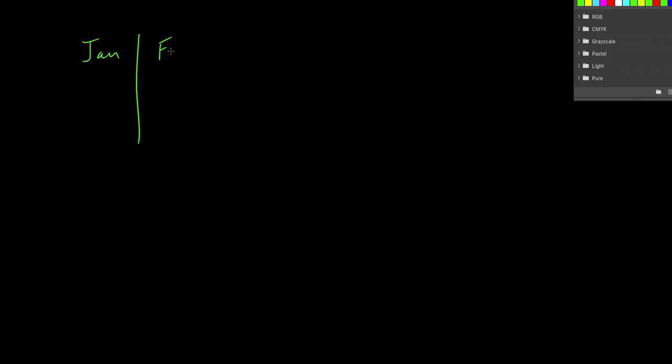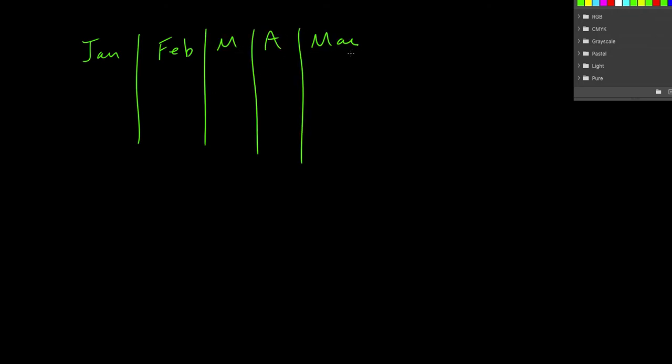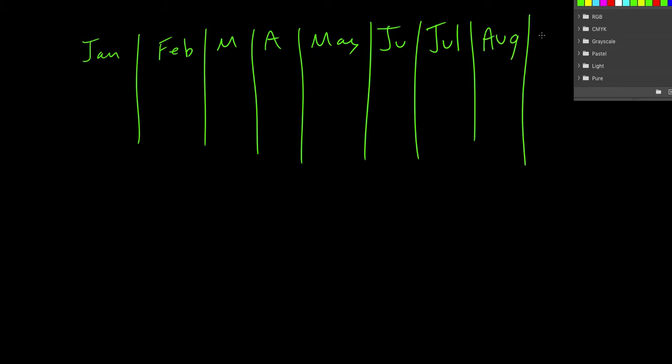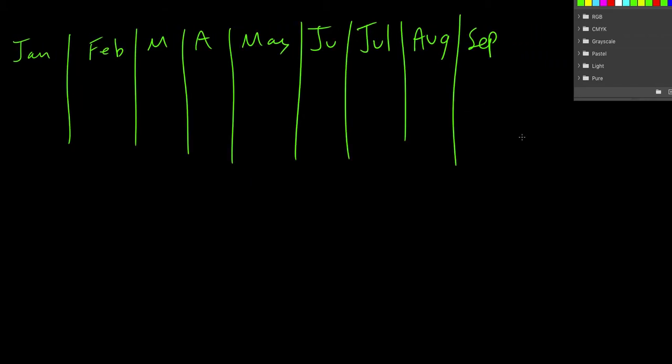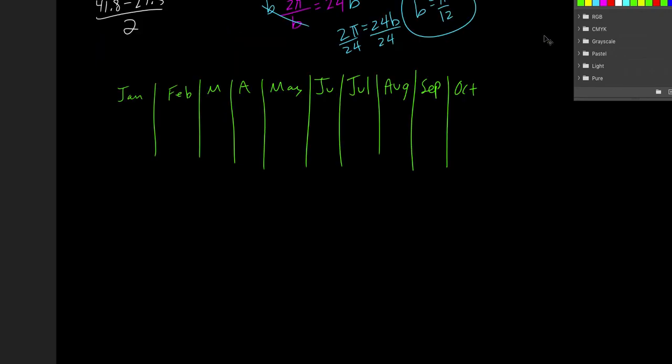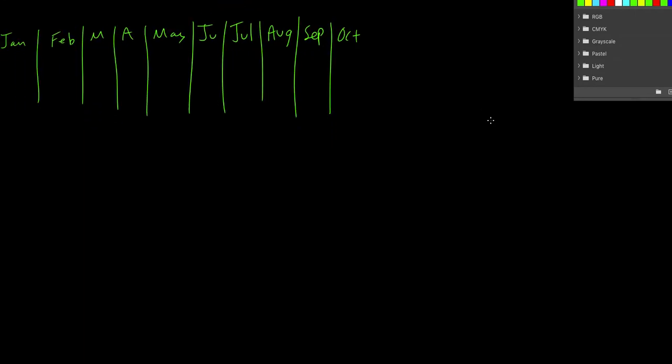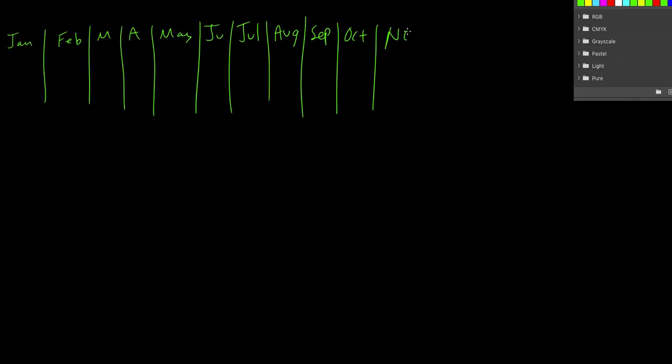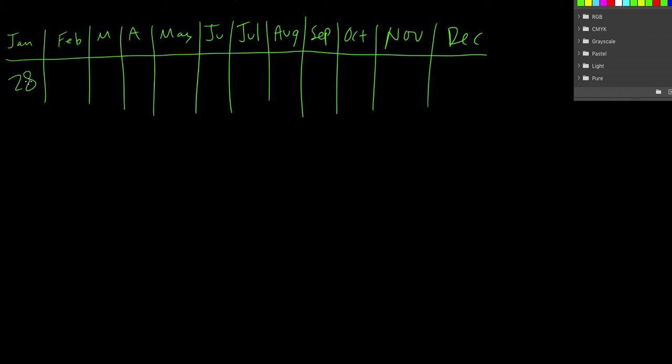So we got January, February, March, April, May, June, July, August, September, October. All right, let's zoom out. November, December. Feel free to fast forward the video to the part where I'm done writing this.